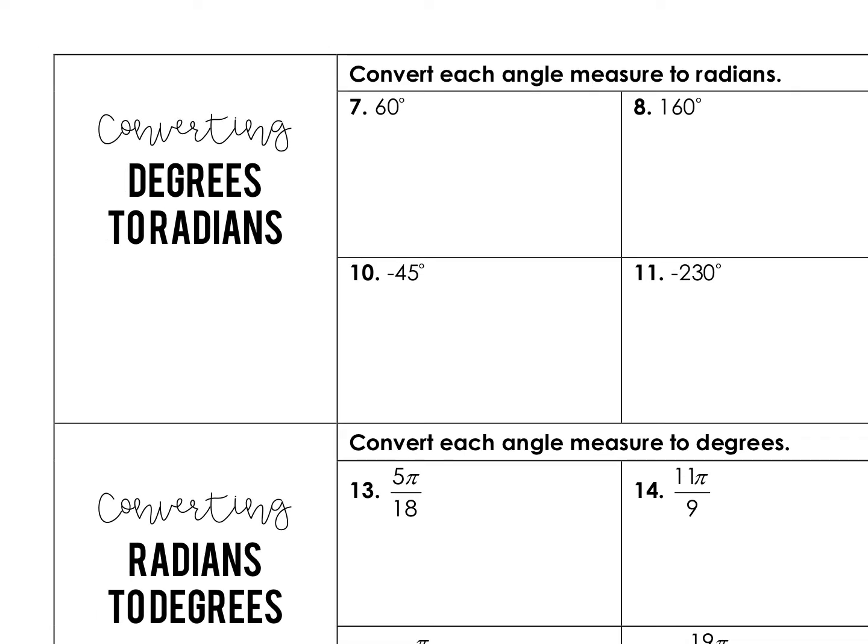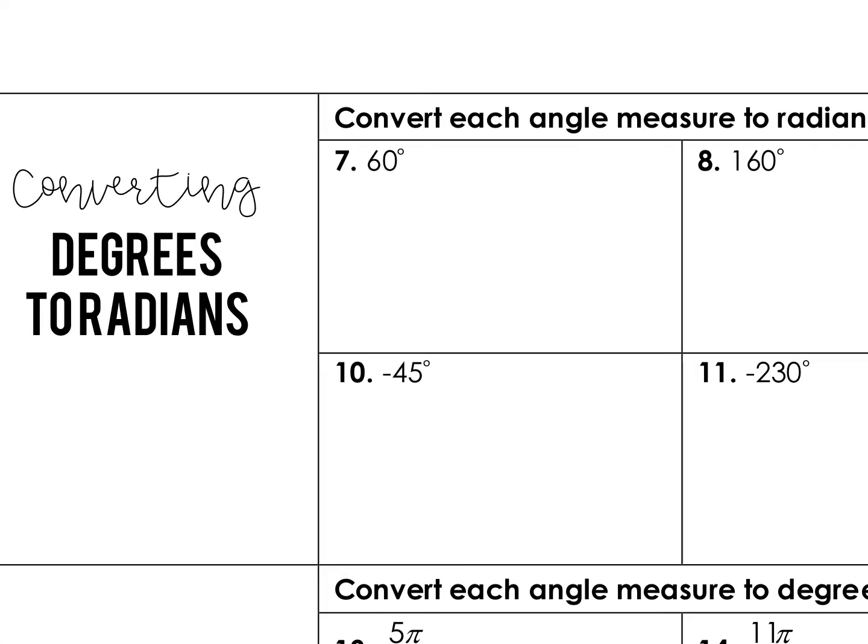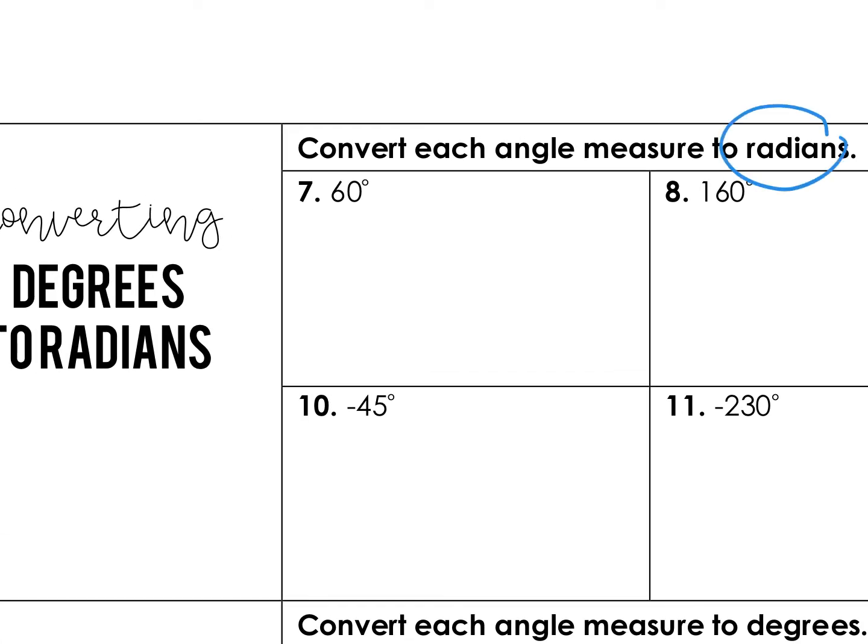All right. So let's take 60 degrees and turn it into radians. So I want to get the degrees to cancel. So where does 180 degrees go? The bottom. 180 degrees goes down here. What goes on top? Over 1 pi. A pi goes on top. So if you do the math, that gives you 60 pi over 180, and the degrees are already canceled.